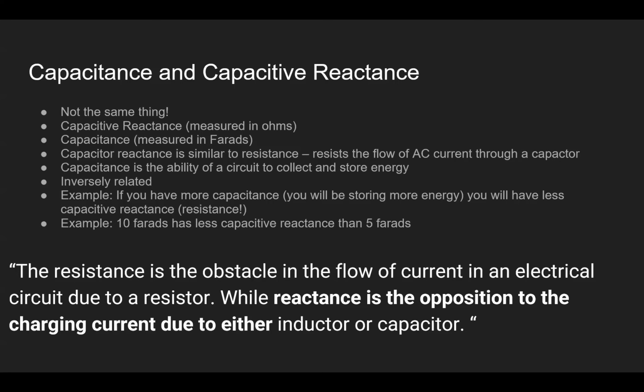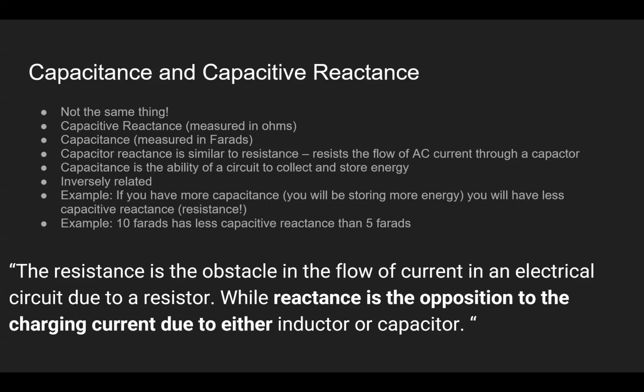They go hand in hand. The way this would be worded in terms of terminology is, let's say you have 10 farads, that has less capacitive reactance than 5 farads, because 10 farads is our capacitance. Our capacitance of the circuit is 10 farads. That's going to have less capacitive reactance than 5 farads, because you're resisting more on the 5.